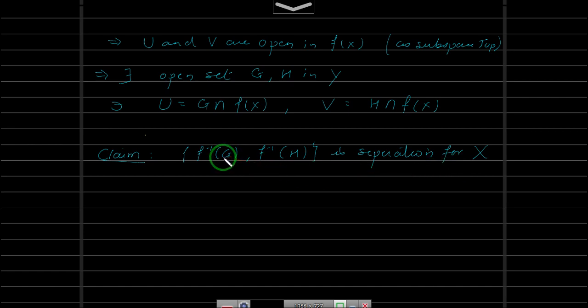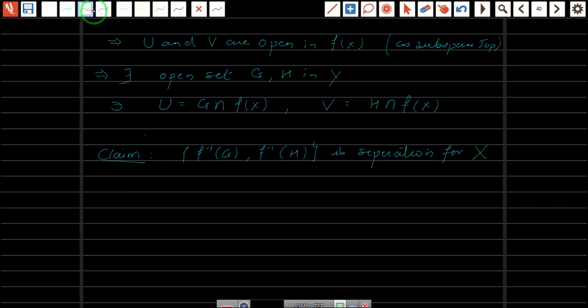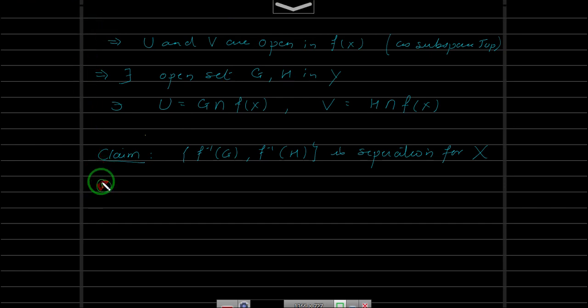Okay, now to show that this is a separation, there are 3-4 points which we have to prove. First point, both f inverse of G and f inverse of H should be non-empty. Okay, so let us take the first point. Let us show that f inverse of G and f inverse of H are non-empty.